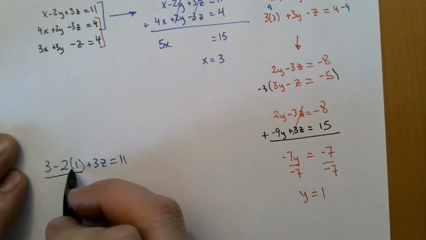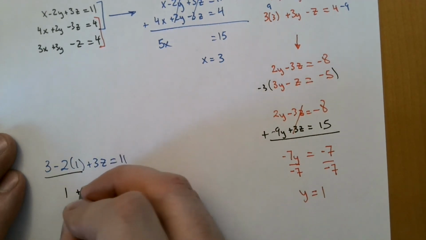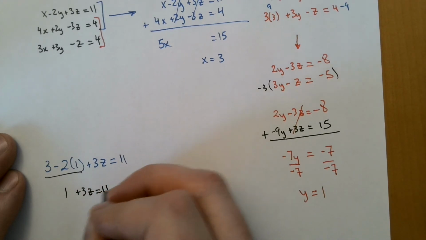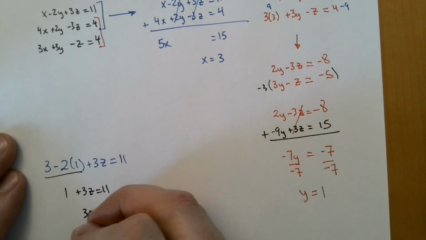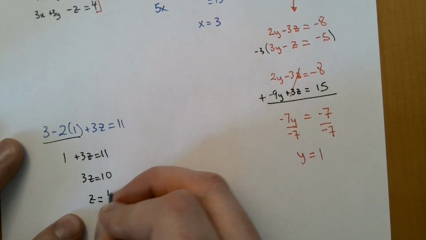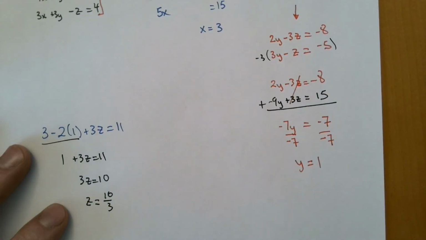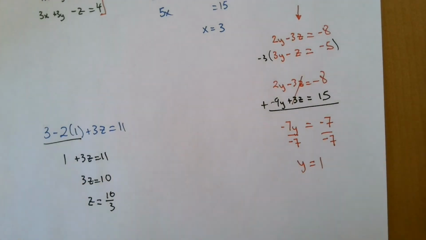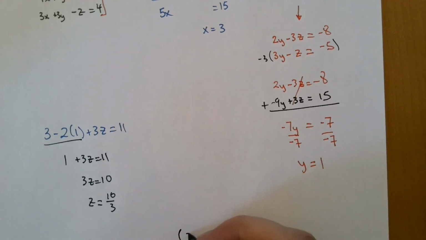Let's see. 3 minus 2, last I checked, was 1. 11 minus 1, last I checked, was 10. And so z equals 10/3. All right. Yeah, I think that's right. So here's our final solution: 3, 1, 10/3. Wonderful.